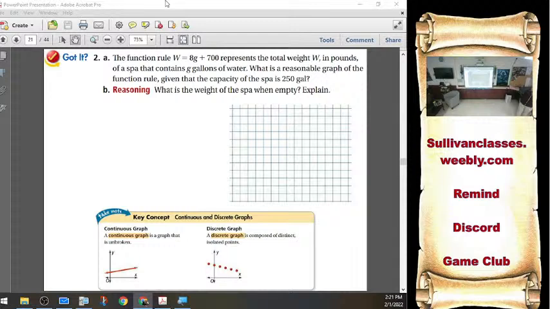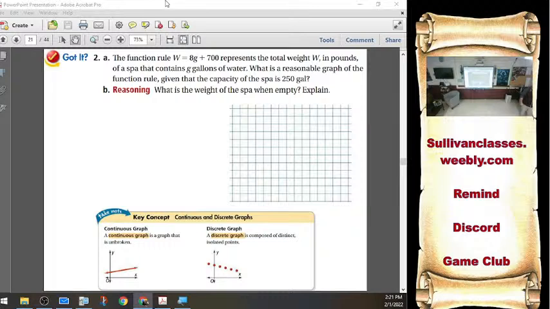That's the difference between continuous and discrete. Continuous means I can put any x that I want in there. My input variable, I can put whatever I want in there. I can buy 14.28539 pounds of trail mix.